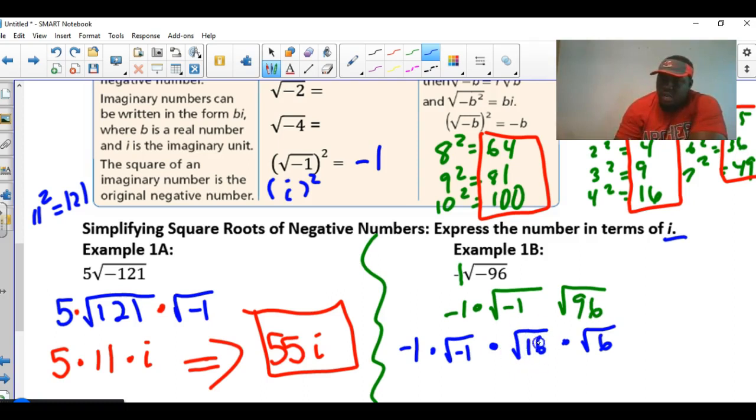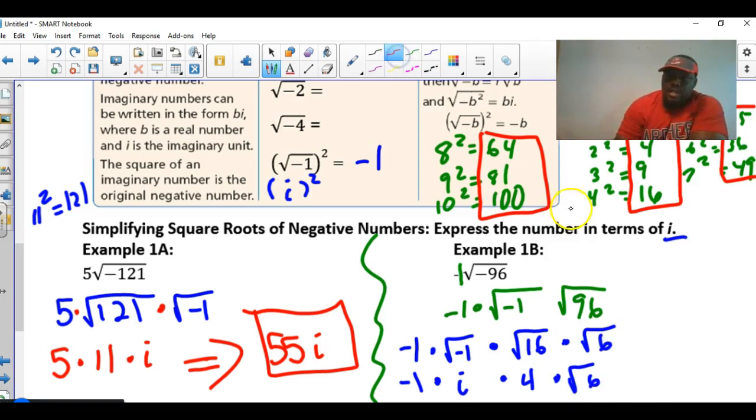We can simplify that to 4. The square root of negative 1 we can simplify into i, and we still have the negative 1. And the square root of 6 is not a perfect square, so we're going to keep that.